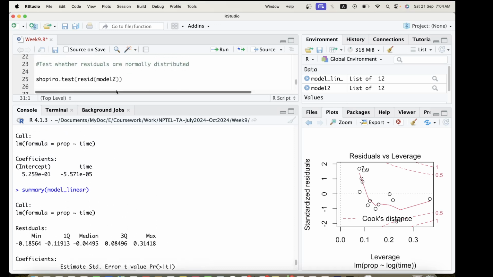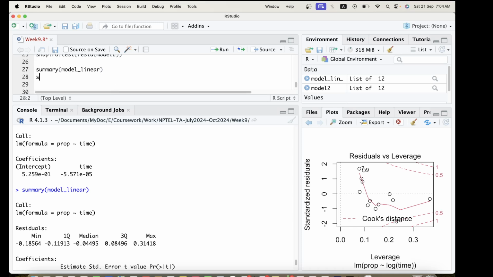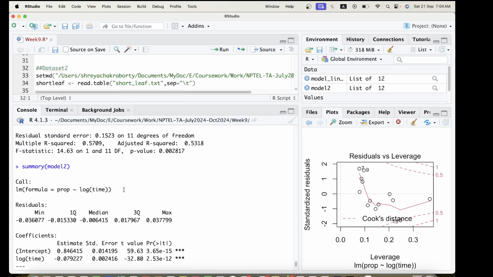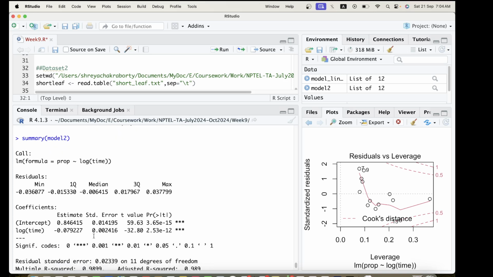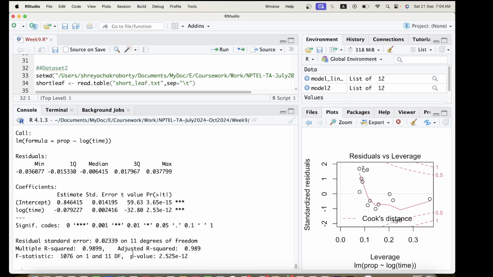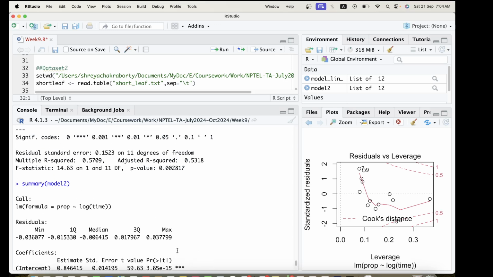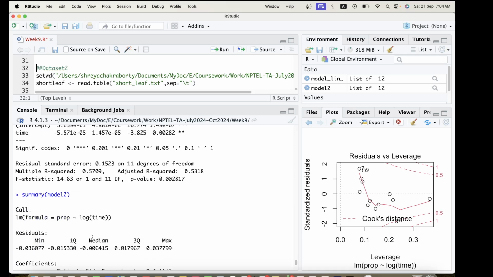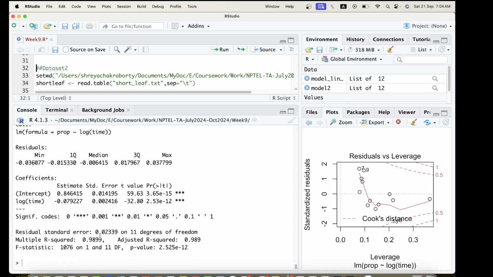And if we do the same thing, summary of model 2, we also get similar things: multiple R square, adjusted R square, and then residual standard error, and so on.